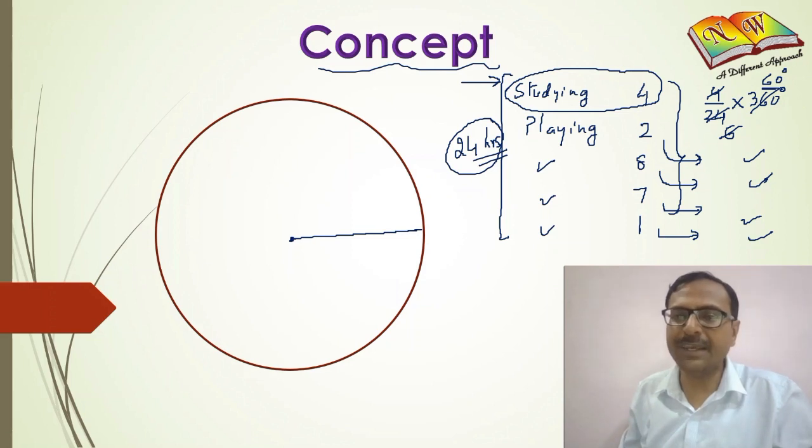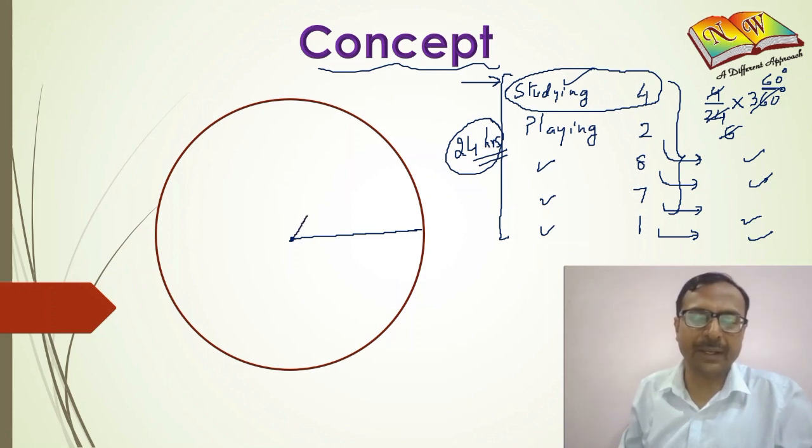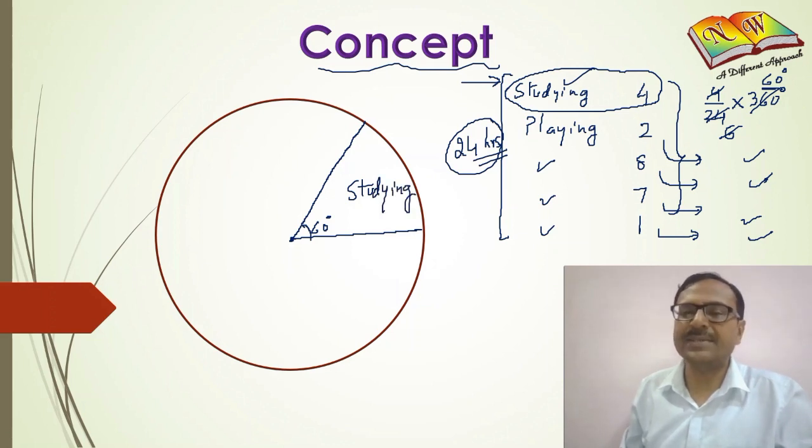Now we have the categorization of each head in terms of the angle on the pie chart. So for studying, the angle came out to be 60 degree. So using a protractor, I'll draw an angle of 60 degree with the first radius. So this is 60 degree, and this sector will denote the time spent on studying. Likewise, if the time spent on the second head is 30 degrees, I will draw an angle of 30 degree here using the second radius which I have already drawn.